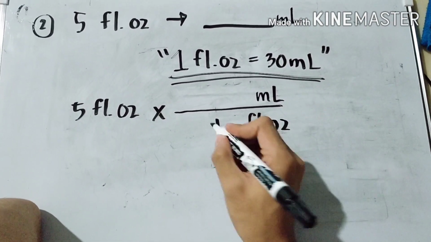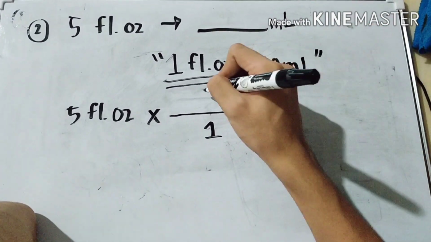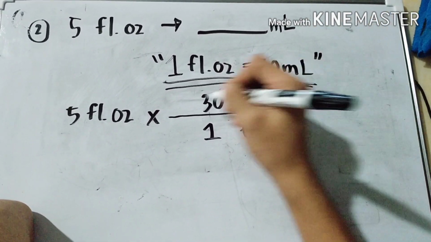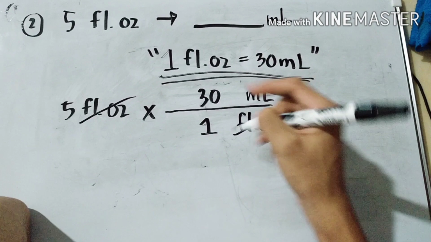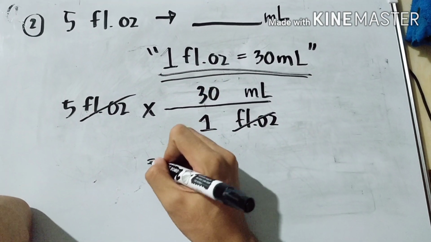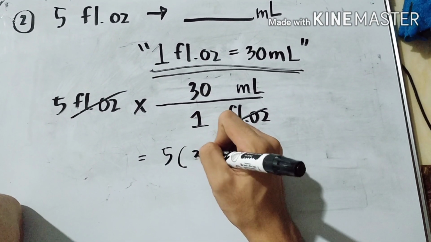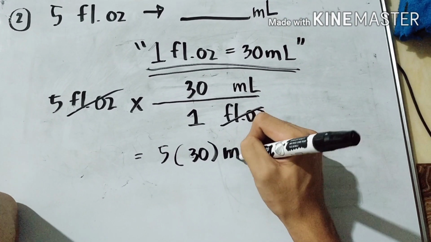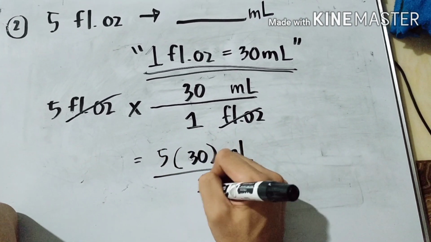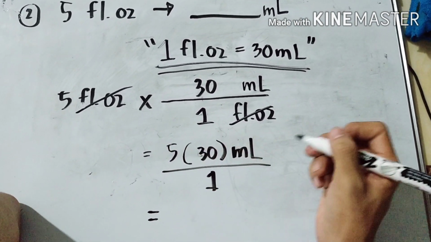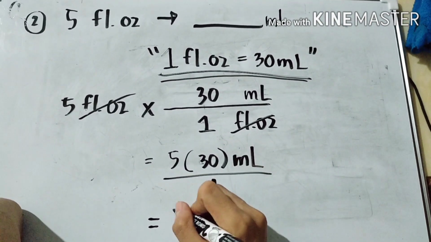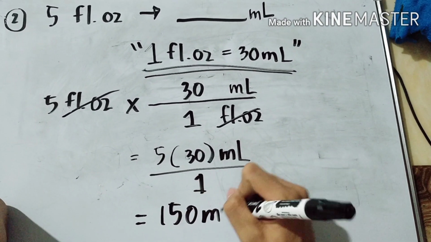So, 1 fluid ounce is equivalent to 30 ml. So, you cancel fluid ounce, then multiply 5 times 30, copy ml divided by 1 is equal to 5 times 30 is 150. You divide it by 1, the answer is 150 ml.